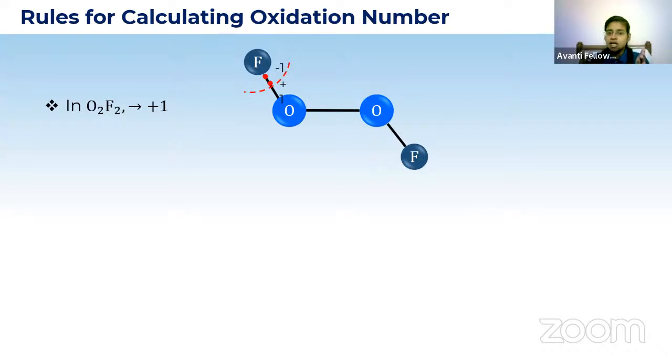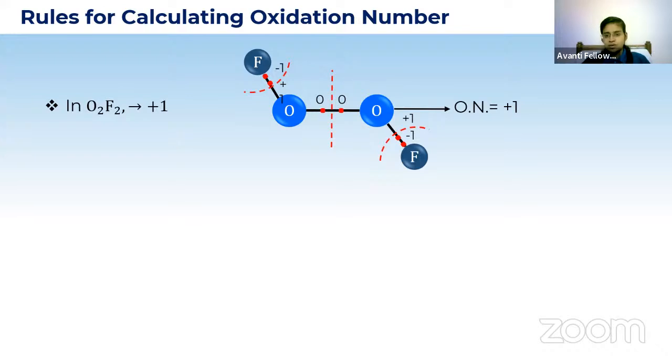So fluorine will pull the electrons towards itself, making the oxygen positive. For the OO bond, it is the same, 0, 0. For the second OF bond also, fluorine will get -1 and oxygen will get +1. So each oxygen is carrying +1 charge in O2F2.